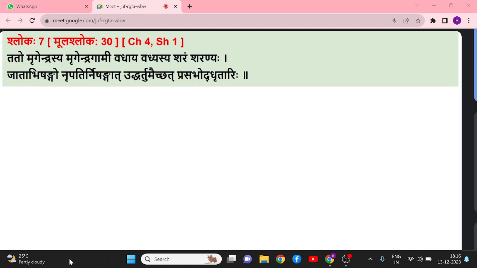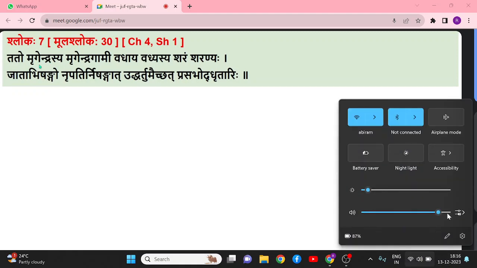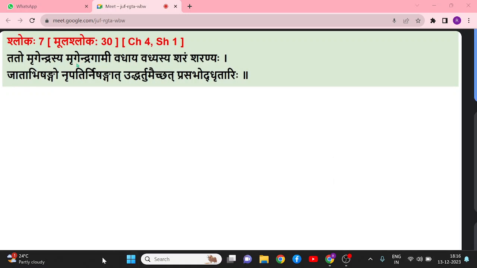Thank you. So, pada vibhagaha, right? Tato mrugendrasya. Tato will become tataha, visarga ukara sandhi. Mrugendrasya, mrugendragami vadhaya. Atra mrugendra samastapadam va. Mruganam indraha, tasya. Shashti tatpurushasamasaha.